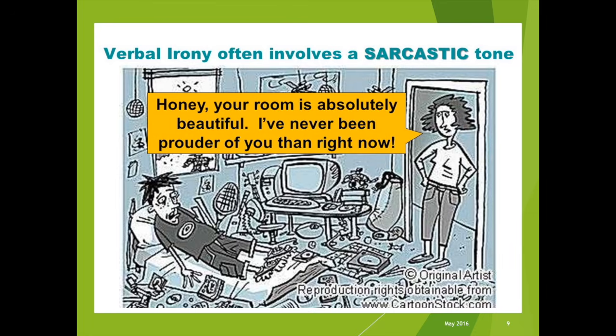Let's recap before we move on to dramatic irony. In situational irony, the opposite of what we expect happens. In verbal irony, the opposite of what is said is actually meant.